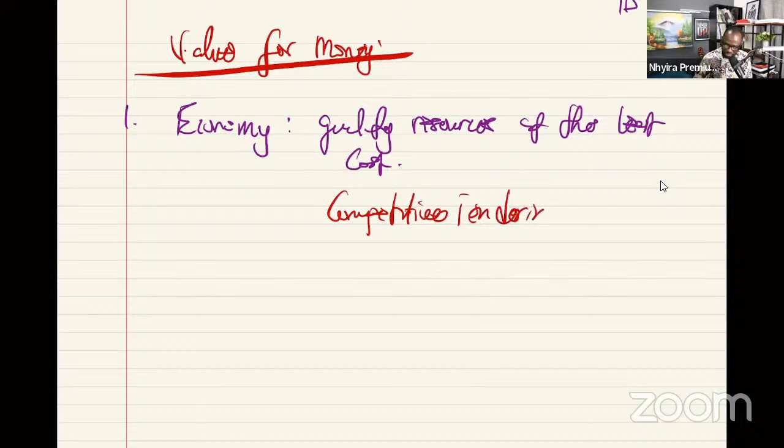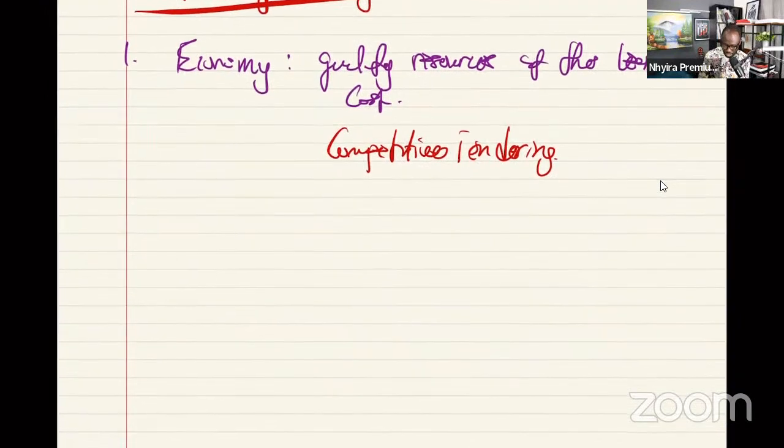If you don't use competitive tendering, you're going to pay exorbitant prices for projects. If you use sole sourcing or single source, we'll explain this later, we're going to be paying more. But the first thing about value for money is economy: obtaining quality resources at the least cost.